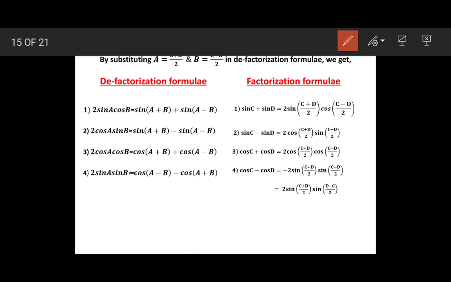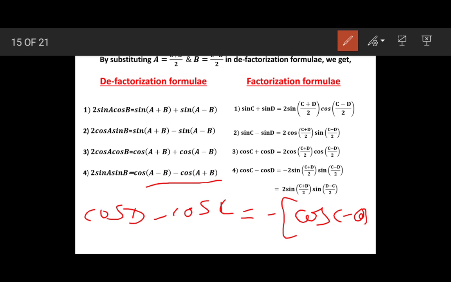Once again, this part is cos D minus cos C. In this I am taking minus common, so I get cos C minus cos D. Then I take this minus sign to the left hand side, so cos C minus cos D is equal to minus 2 sin A into sin B, where A is (C plus D) upon 2 and B is (C minus D) upon 2.